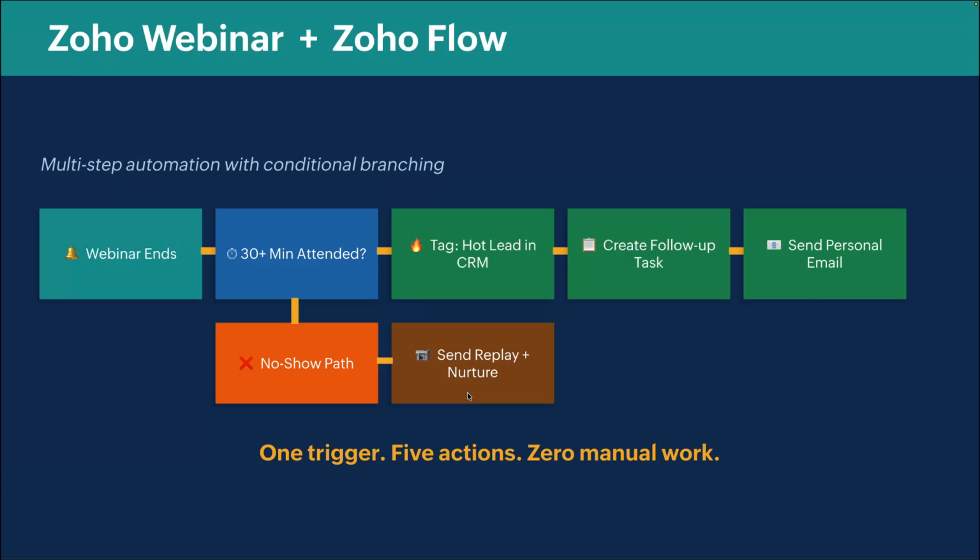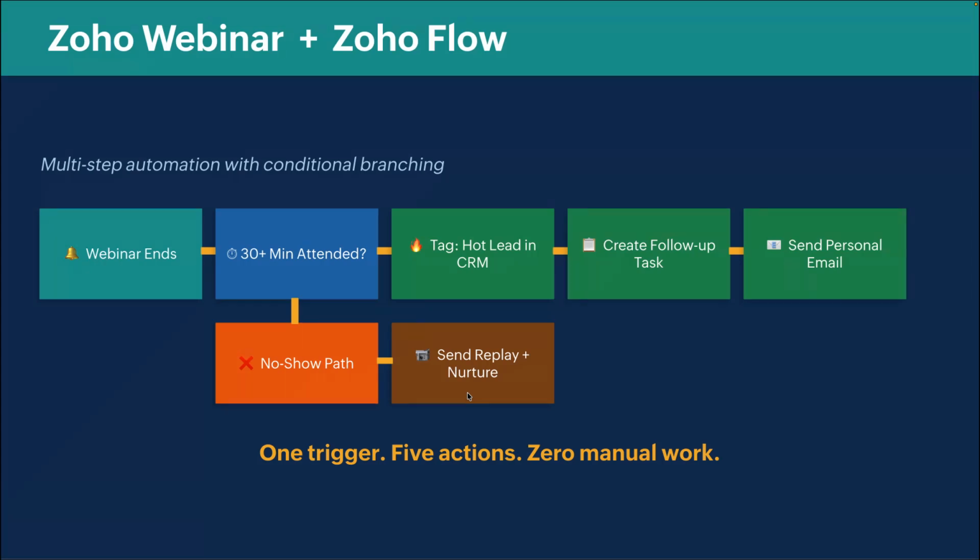This slide shows multi-step automation with some conditional branching, like one trigger, do these actions according to that particular trigger. Here we have just shown an example of how you can create a conditional branching. This can be customized according to your needs. When the webinar is over, check whether the attendee watched 30 plus minutes.